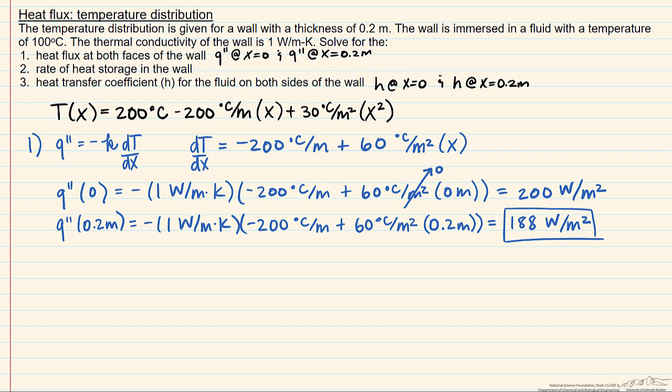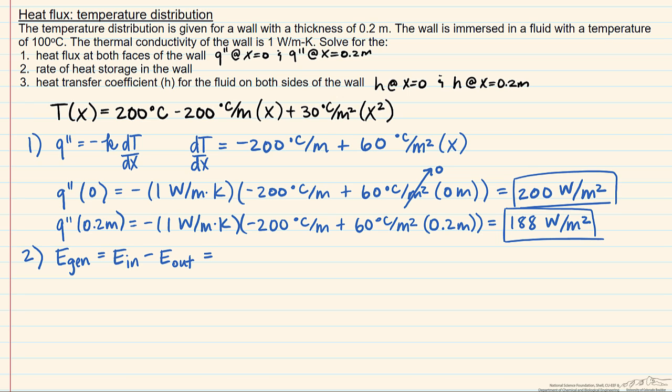So now we're going to move on to the second question. We know that heat generation, which we'll call E gen, is equal to the energy in minus the energy out.